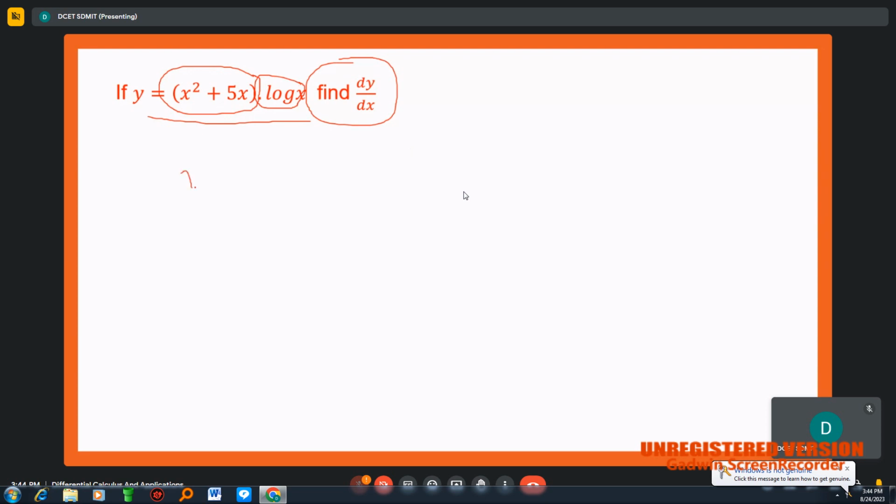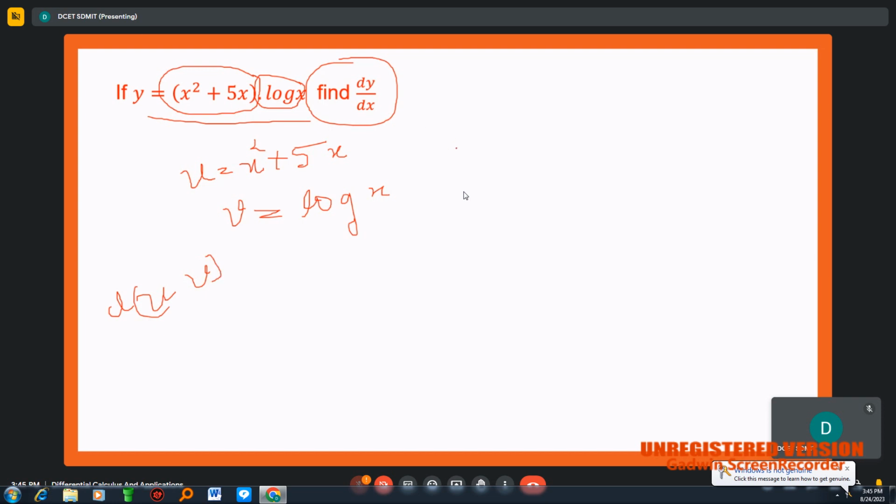Suppose we consider u is equal to x square plus 5x, and v is equal to log x. Now we have to differentiate u into v. Which rule do we apply to differentiate u into v? We are applying the product rule.